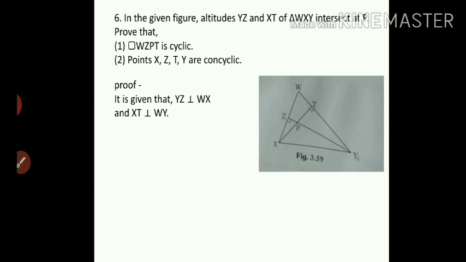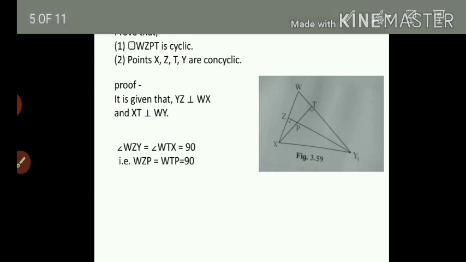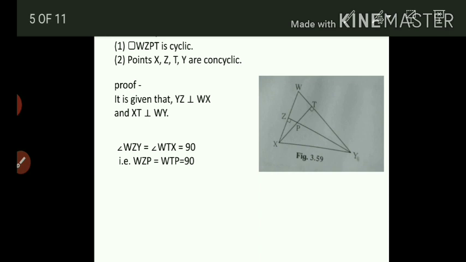So that means these both angles, that is Z and T, means WZY, just check the diagram, WZY as well as WTX will be 90 since we know they are altitudes. So that means WZP is again equal to WTP, equal to 90 degrees.